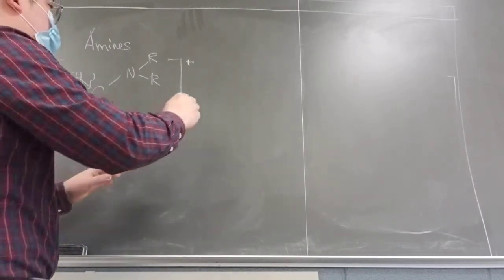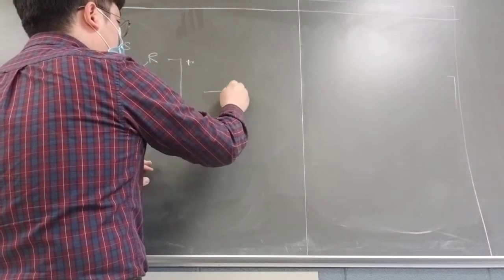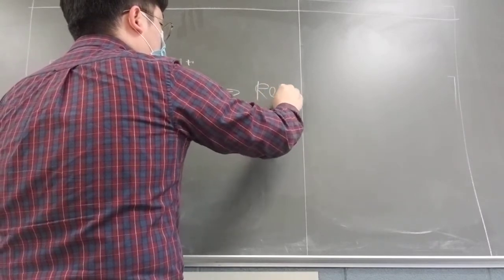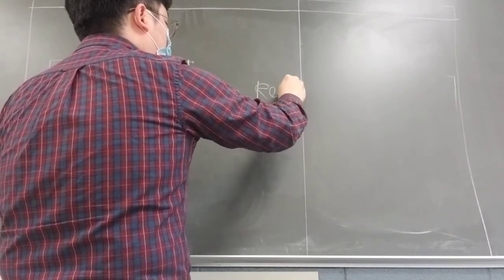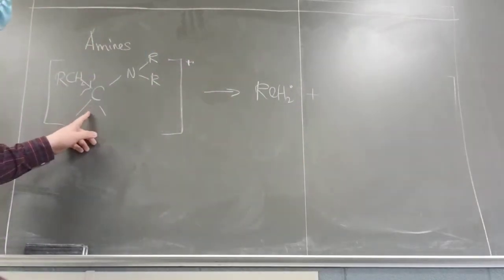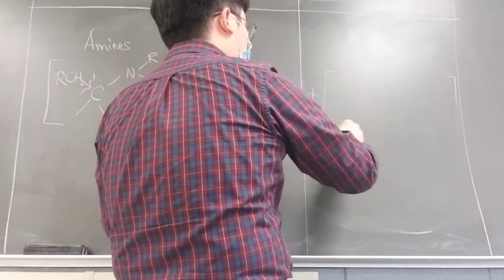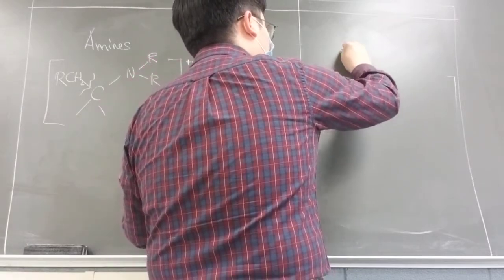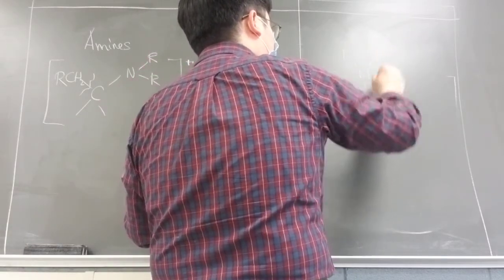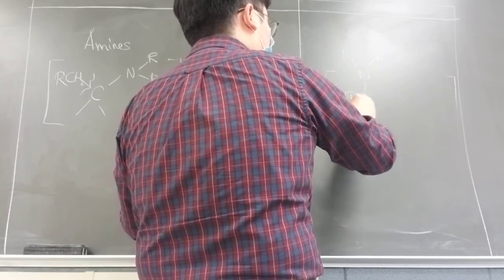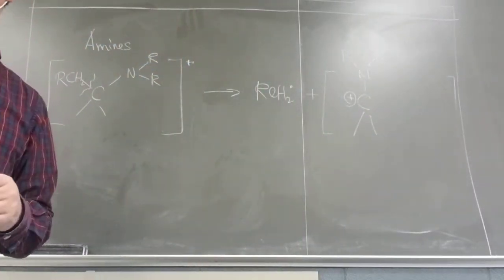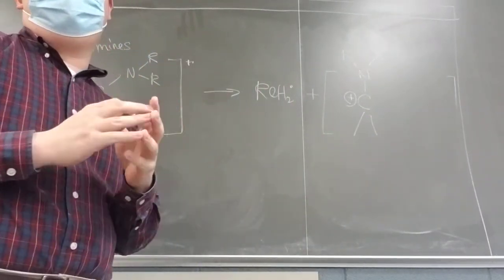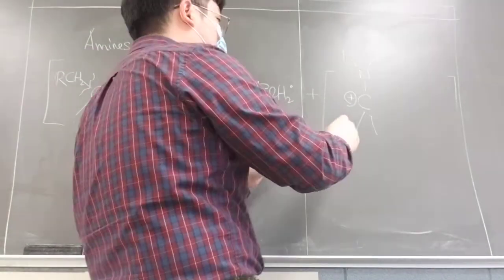This is almost the same, but it is only going to happen with the amine instead of alcohol. If you look at it this way, you're going to get the positive charge. This is very similar to the alcohol we just did in the first scenario.